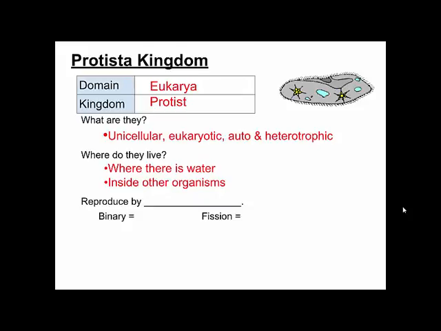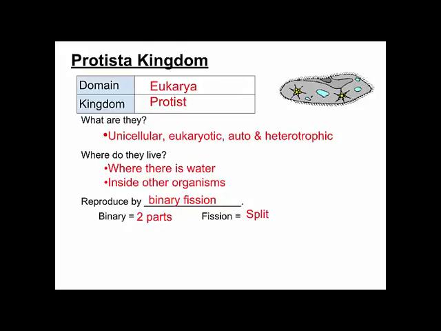So these unicellular organisms, how would you guess, what type of reproduction do you think they have? Matt? Yeah, they reproduce by a process of reproduction that's called binary fission. Binary, that word means 2 parts, and fission means to split.